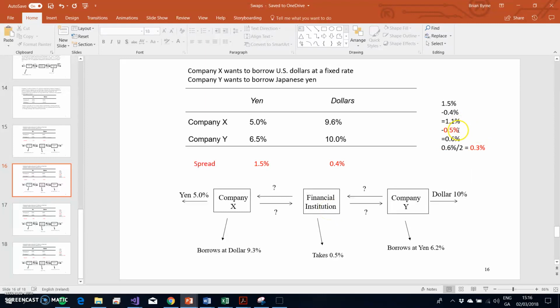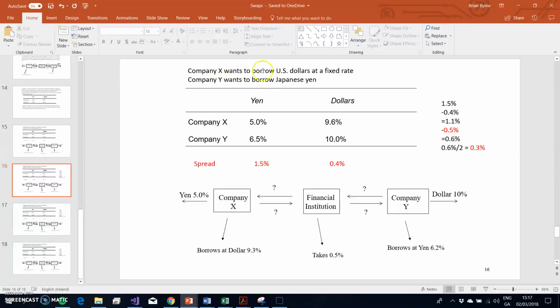If the financial intermediary must get 0.5% for structuring the swap, and keep in mind the financial intermediary has to take on currency risk in this instance, taking 0.5% out of the pot would leave 0.6% potential savings, and if we divide that equally between both counterparties, X and Y should gain to the tune of 0.3.